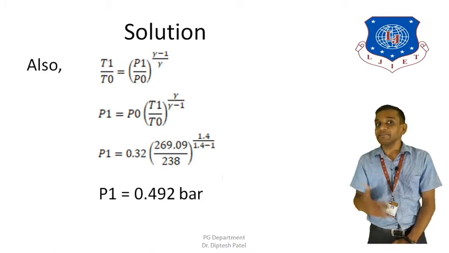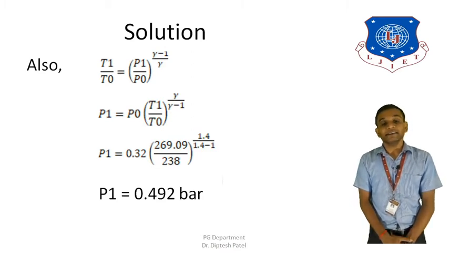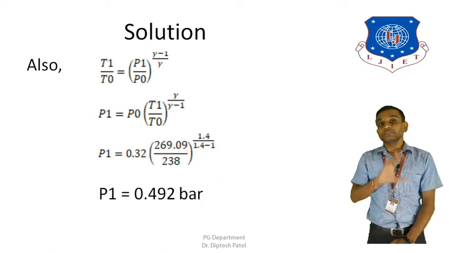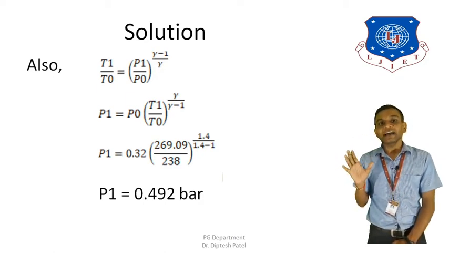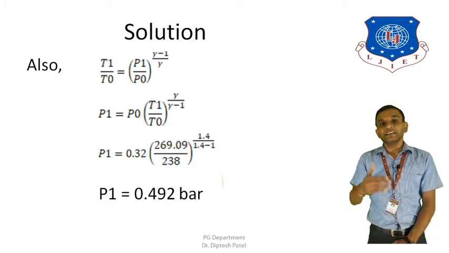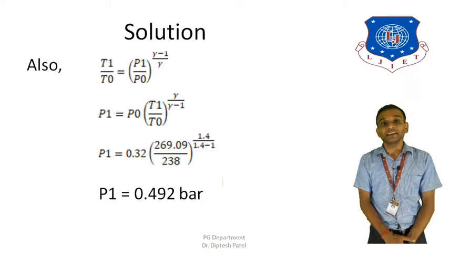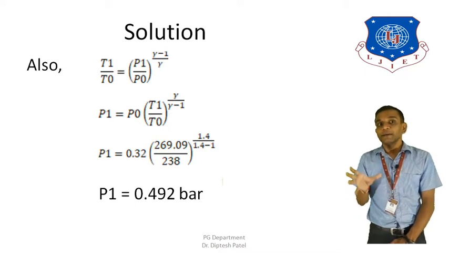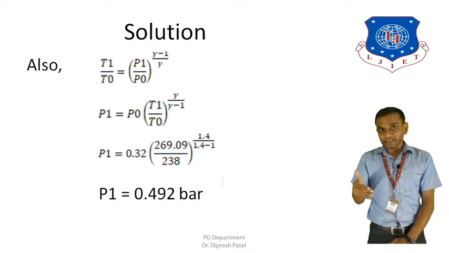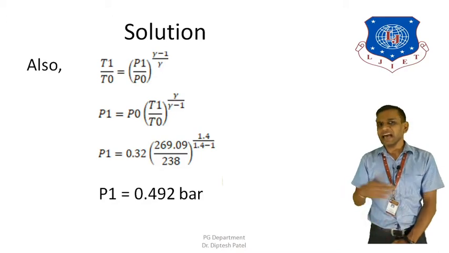Since I have the values of T1 and T0, I can get the value of P1 by using the isentropic relations, and the isentropic relations are T1 upon T0 is equal to P1 upon P0 raised to gamma minus 1 upon gamma. Alright. So therefore P1 is equal to P0 into T1 upon T0 raised to gamma upon gamma minus 1.